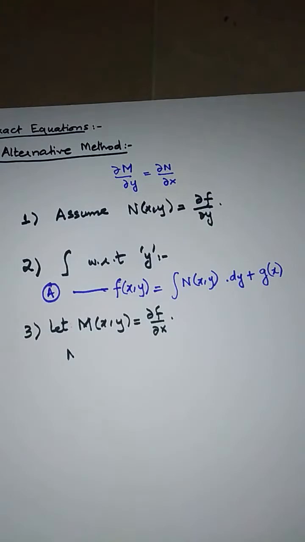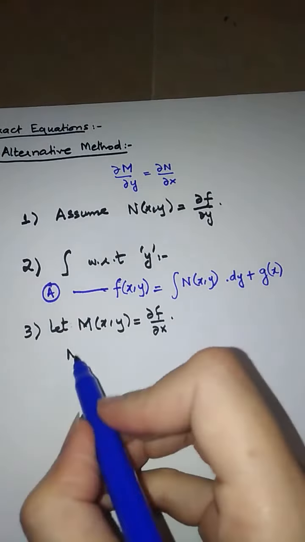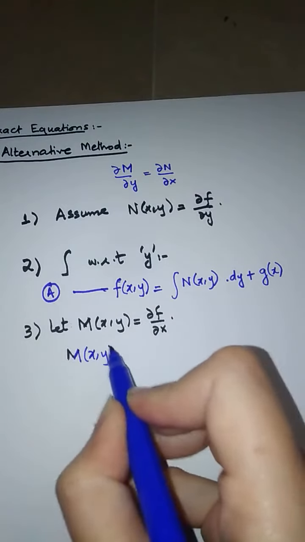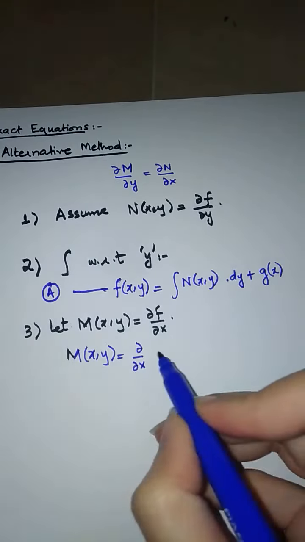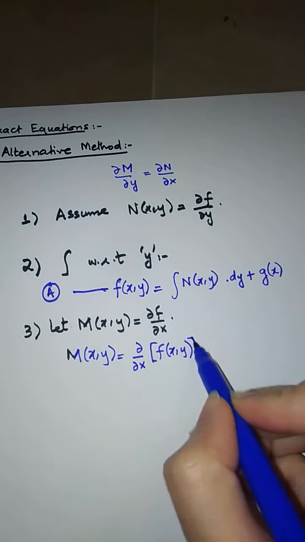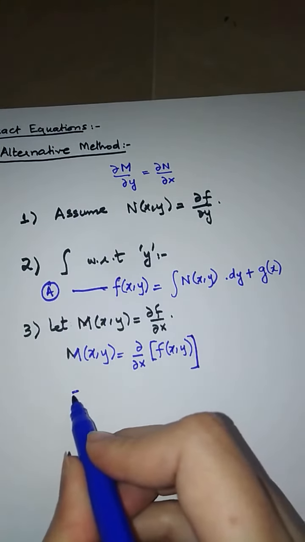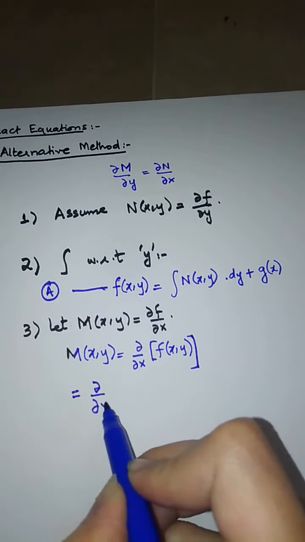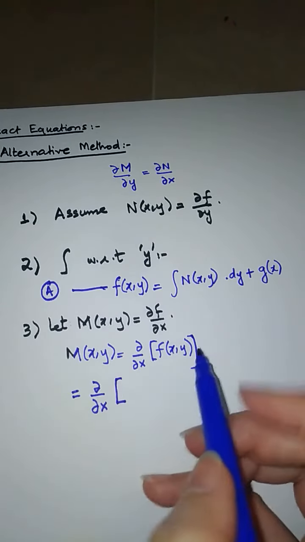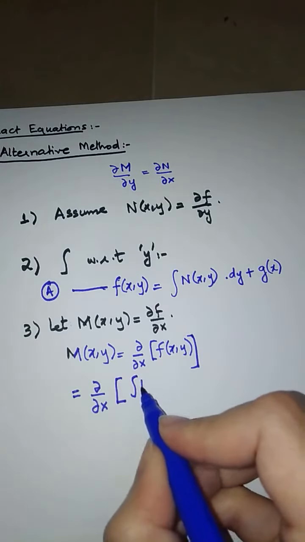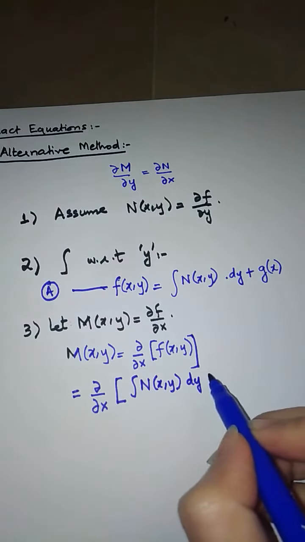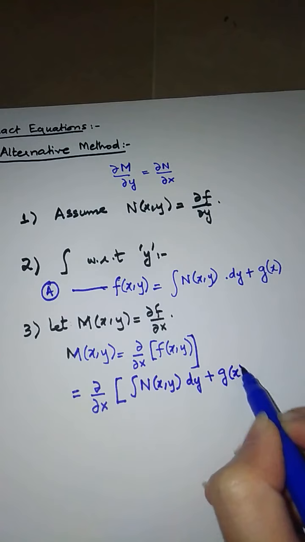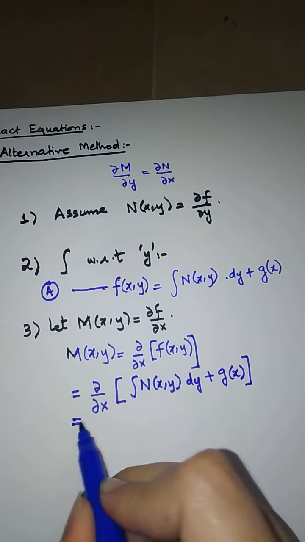So M(x,y) equals partial by partial x of f(x,y), and we replace the value of f(x,y) from equation A. So partial by partial x of the integral of N(x,y) dy plus g(x).